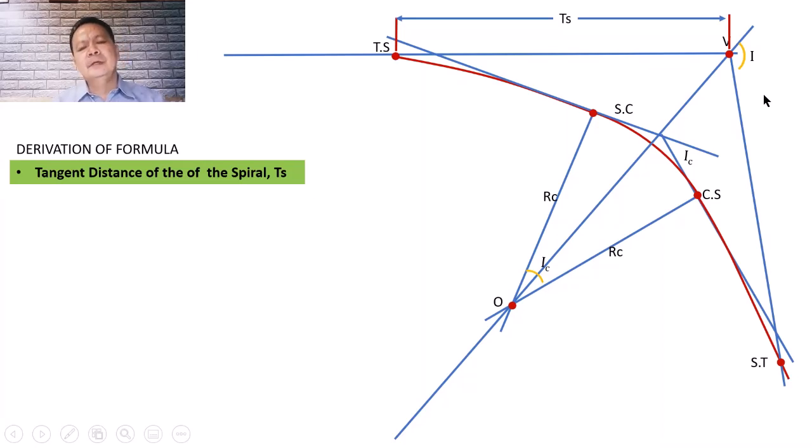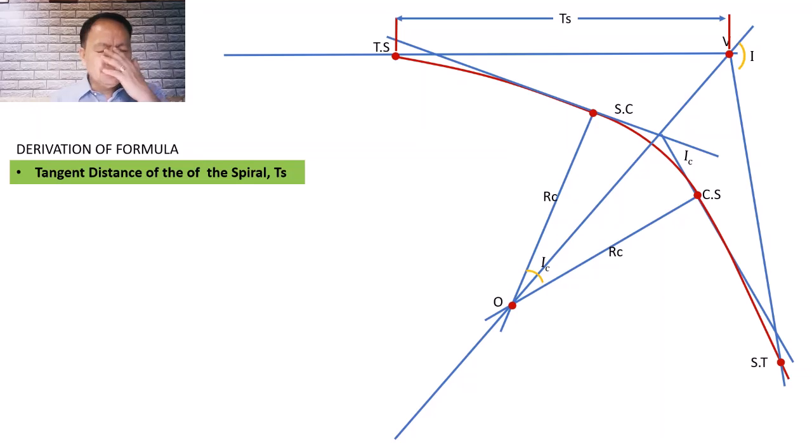Diba? So, kung titignan natin medyo complicated yung ating element at medyo parang mahirap siyang i-derive. Pero kung masusundan ninyo yung ating presentation, ay makikita ninyo na madali lang siyang maintindihan at ma-derive.